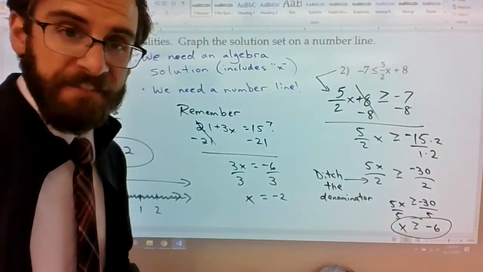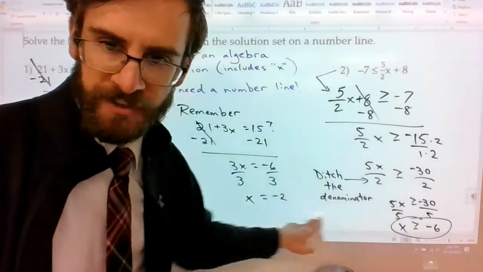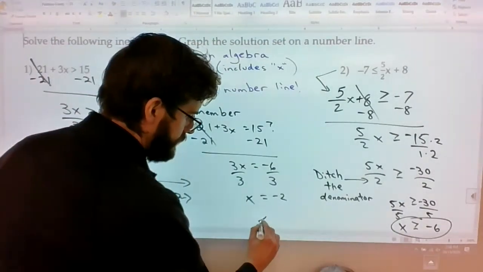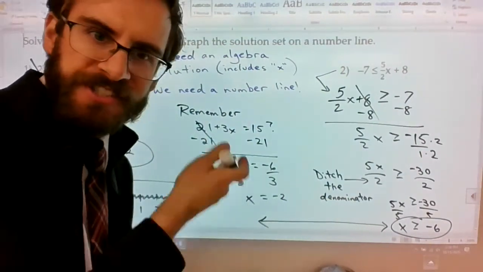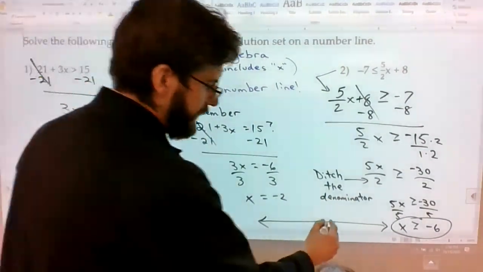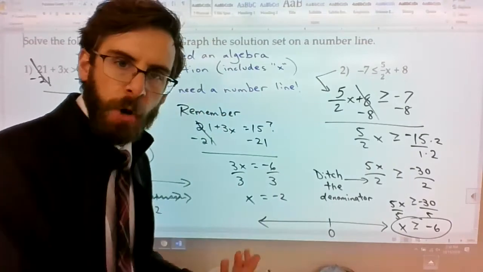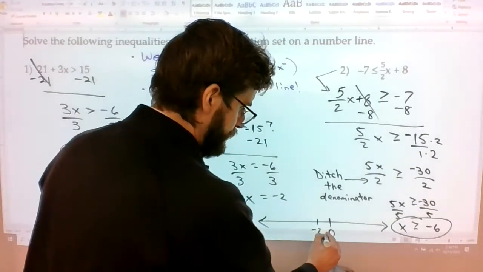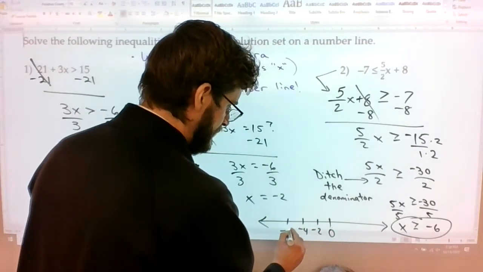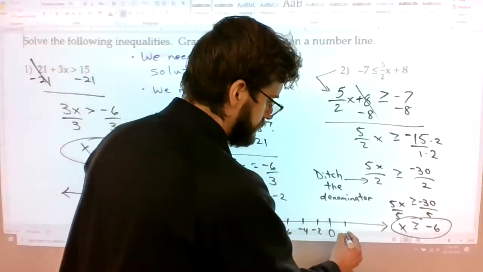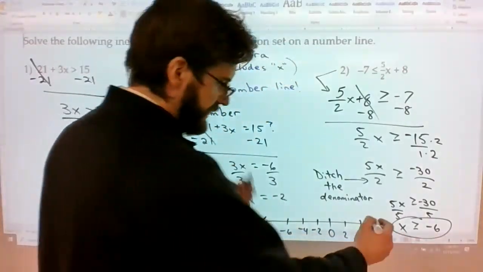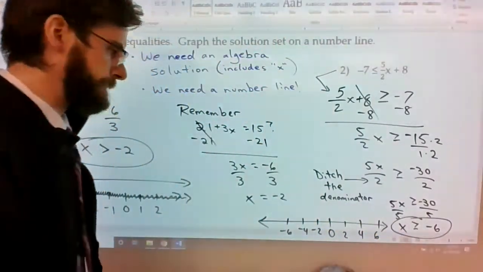So when graphing this on a number line, I'm just going to do it to the left here. I'm going to skip count. I don't want to put 6 notches left of 0. I'm just going to say, let's go by 2s. Negative 2, negative 4, negative 6. So on the other side, I again have to go by 2s. It's 2, 4, 6. All right.